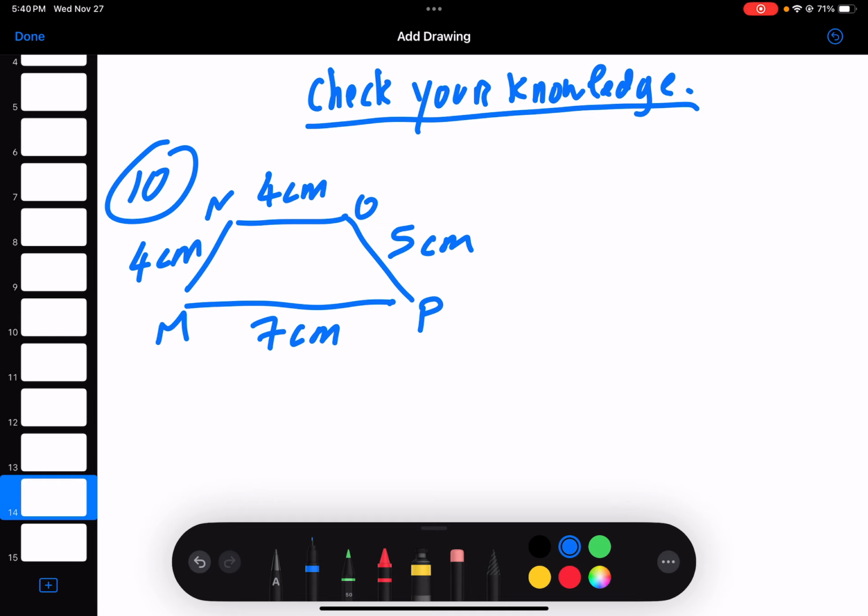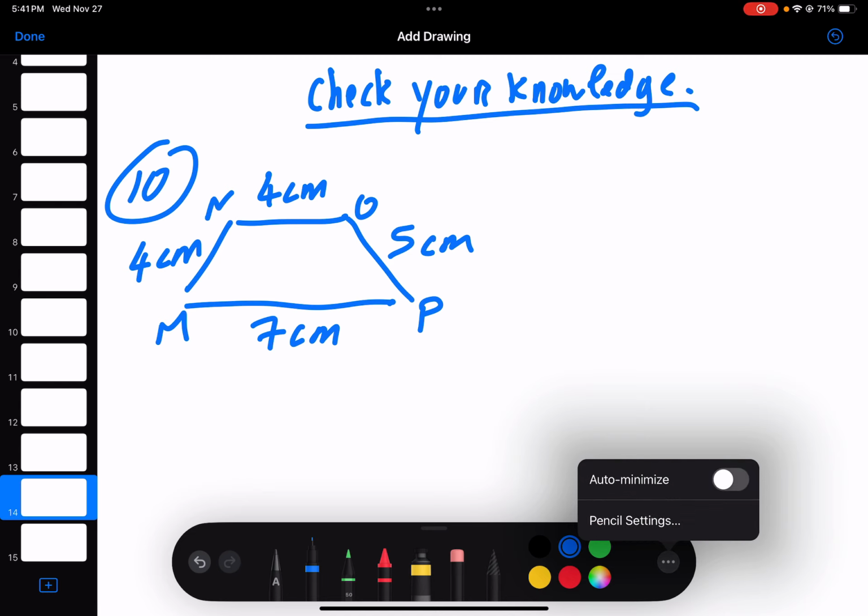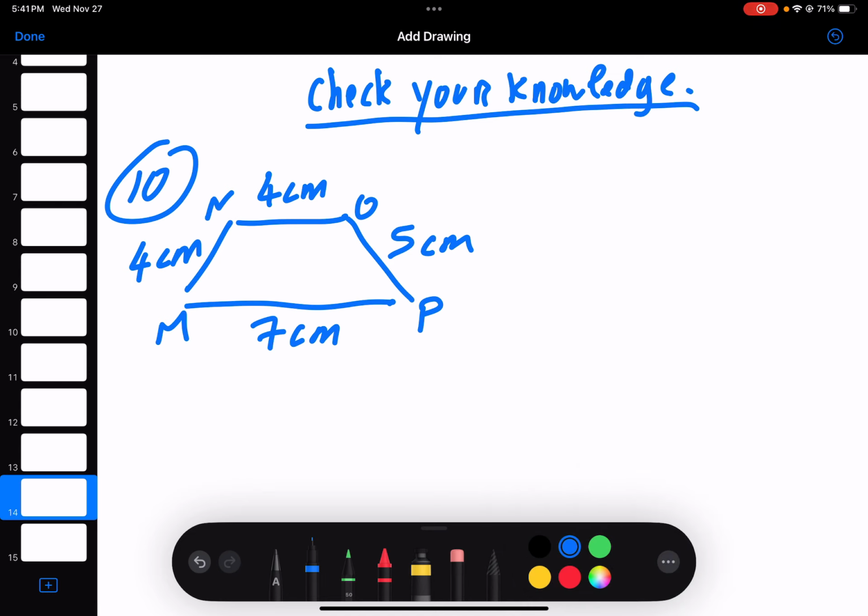Write a congruence statement for the congruent segments in the figure below. Congruency means line segments have the same length. So the only two that have the same length are NM and NO. So we can write segment NM is congruent to NO. Boom. End of story, right?